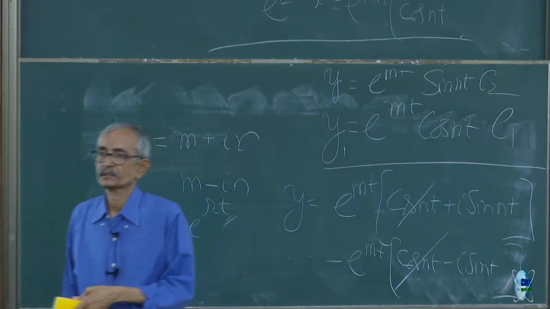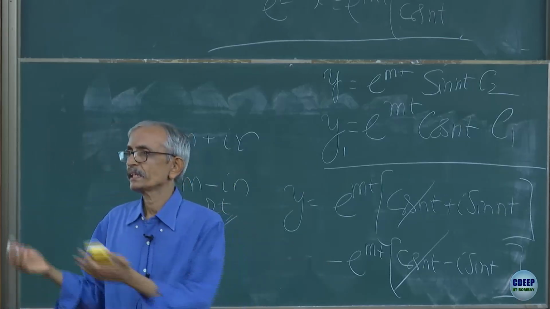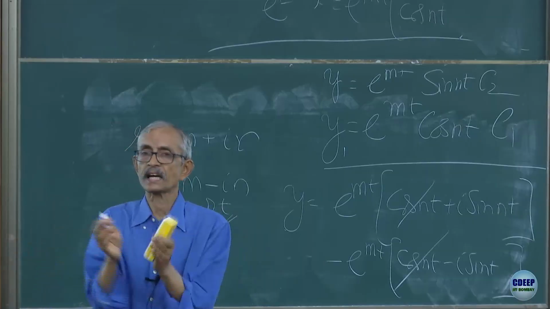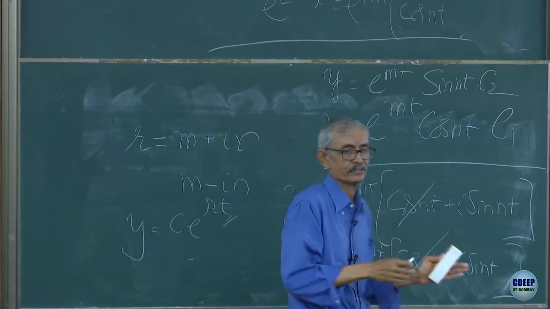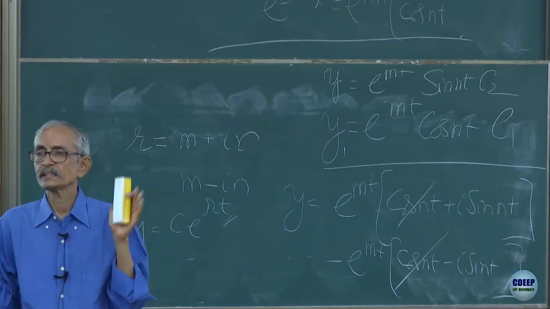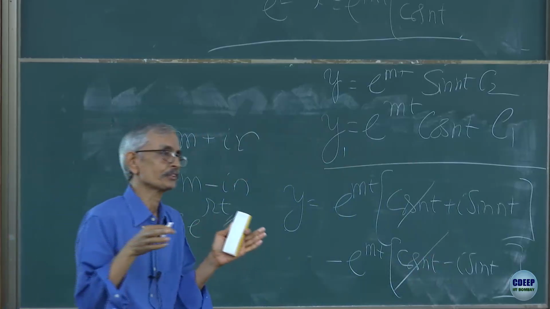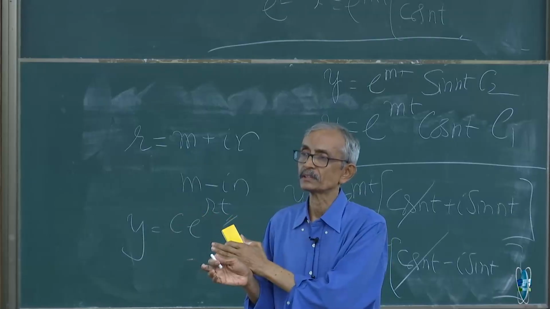That's my second solution. So instead of having e to the power of a plus ib, where this I guy is sitting, which I'm uncomfortable with because it is the solution to a real system, you have mathematically been able to do a modification or a manipulation because it's a linear equation.